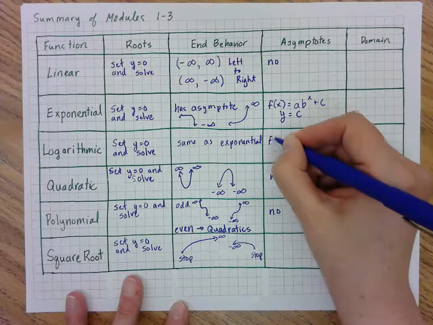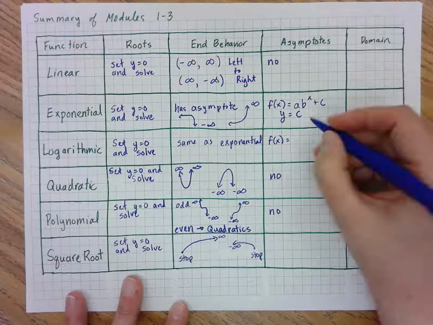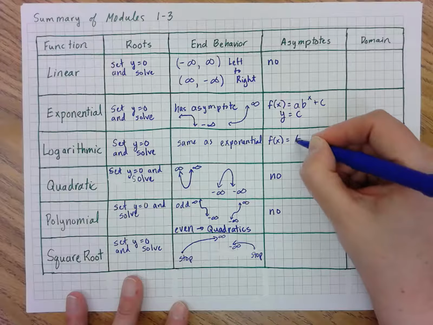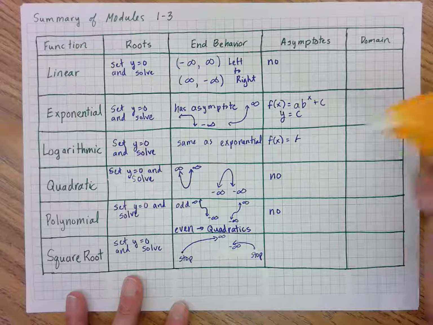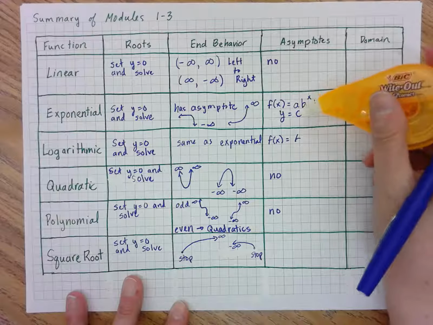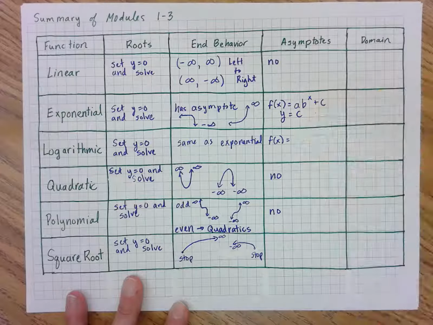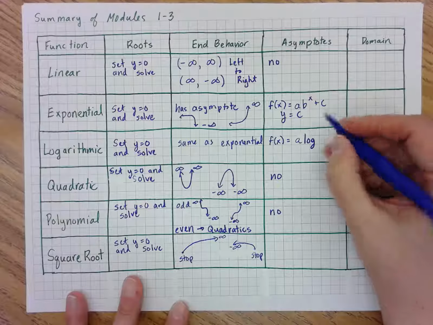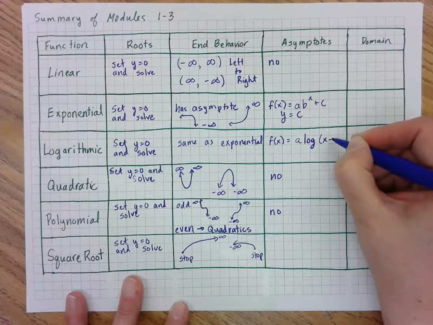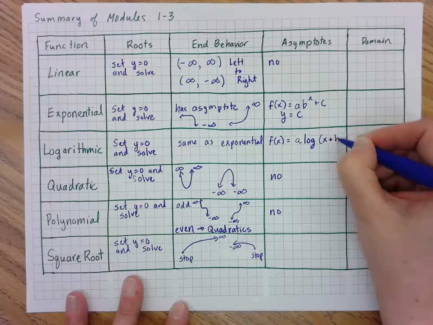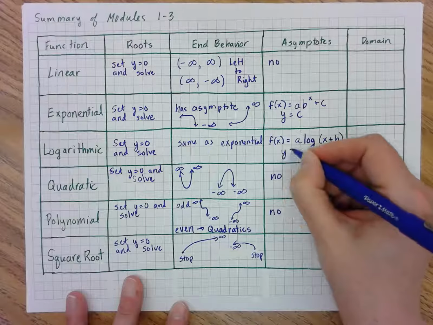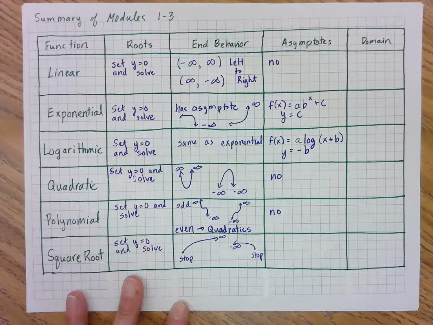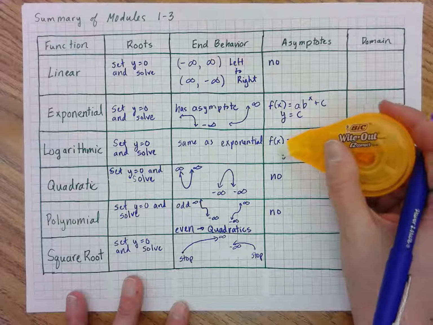And for logarithmic, if I have a log x plus b, then my asymptote is going to be x equals negative b.